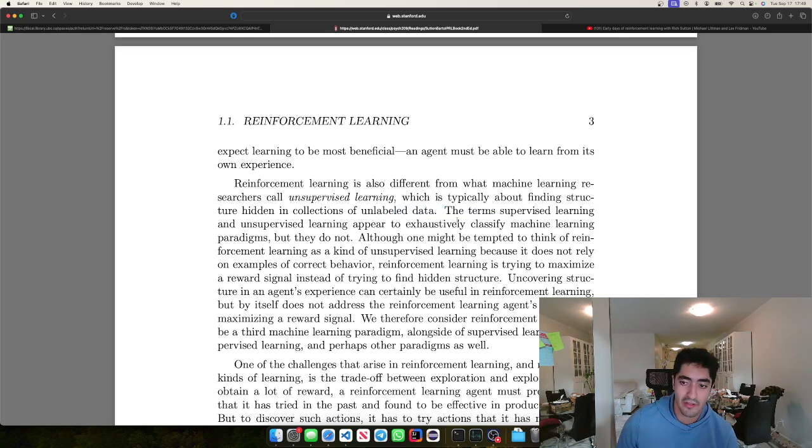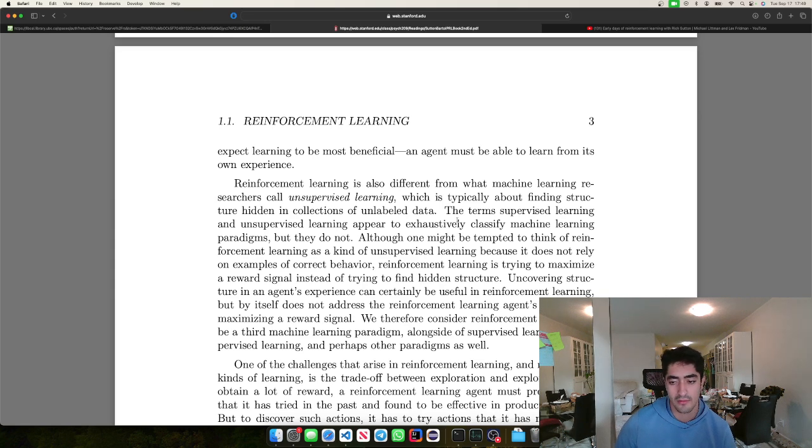The terms supervised learning and unsupervised learning appear to exhaustively classify machine learning paradigms, but they do not. Although one might be tempted to think of reinforcement learning as a kind of unsupervised learning because it does not rely on examples of correct behavior, reinforcement learning is trying to maximize a reward signal instead of trying to find hidden structure.